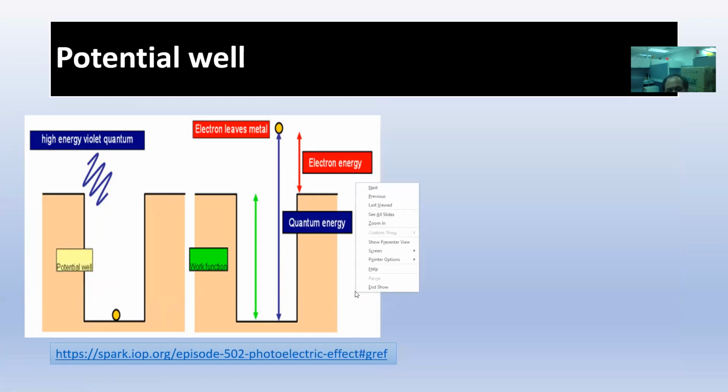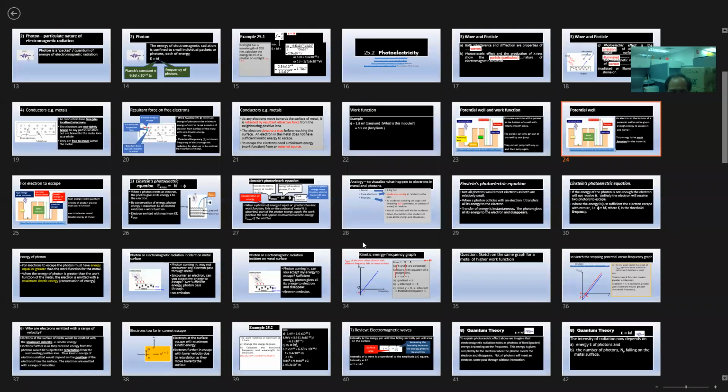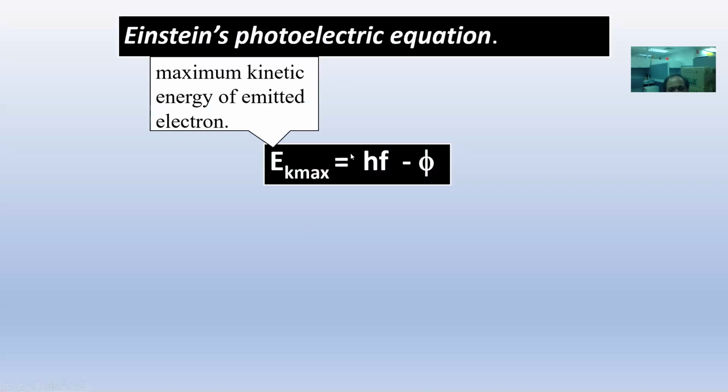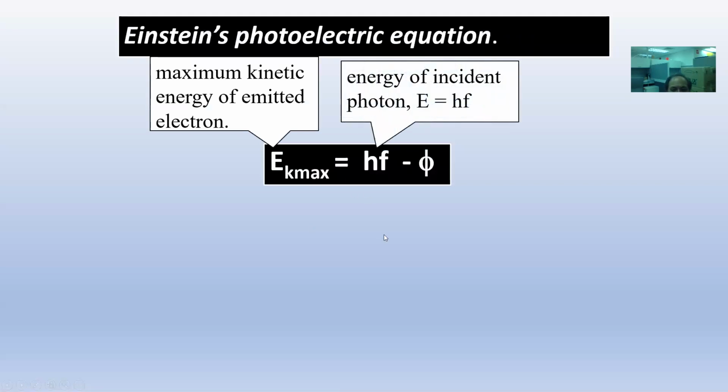Okay, and then we summarize that with Einstein's photoelectric equation. It gives the maximum kinetic energy of the electron that is emitted. That's the energy of the photon, and that's the work function. Just think of it like you are braking a car.